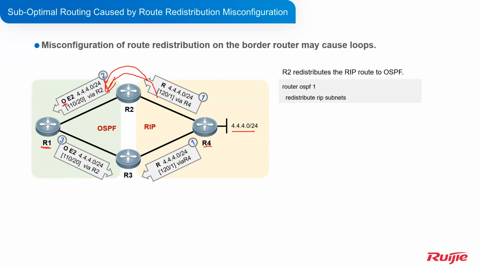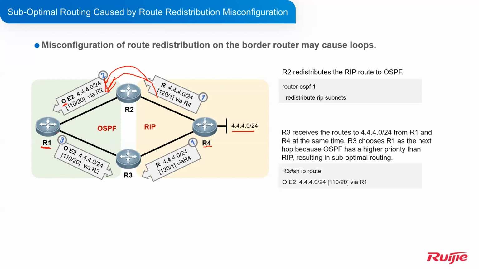So in this case, R3 receives two routes to the same destination. One is from R1, another is from R4, right? Two different routes reference two different paths. So R3 should take into consideration which path or which route is preferred. You can see R3 receives the route to 4.4.4.0 from R1 and R4 at the same time, while R3 chooses R1 as the next hop.